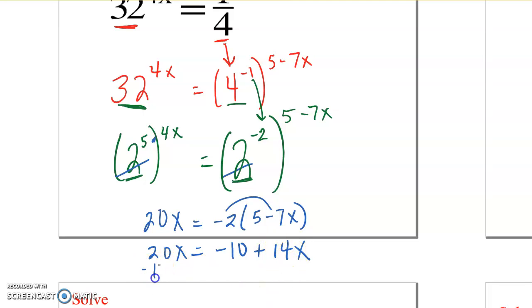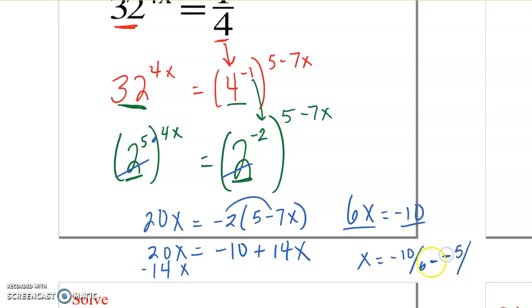I'm going to subtract 14x. That's going to give me 6x equals negative 10. Divide, and x is negative 10/6 or negative 5/3. Okay? So you get a fraction. That's okay. Final answer. It's okay.